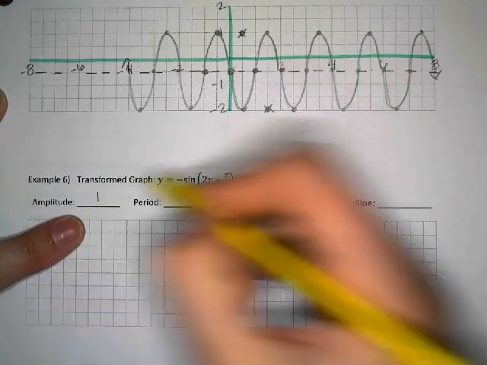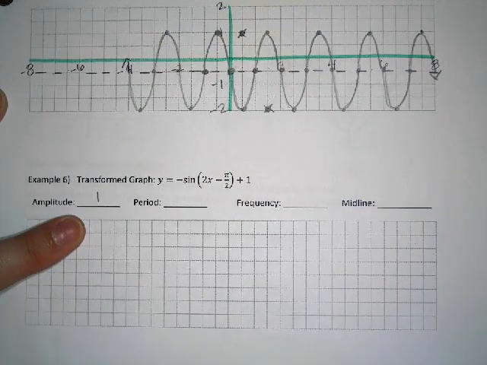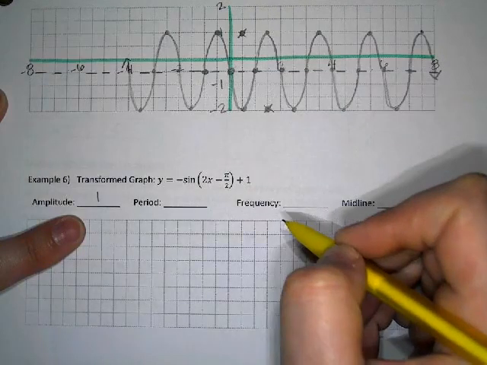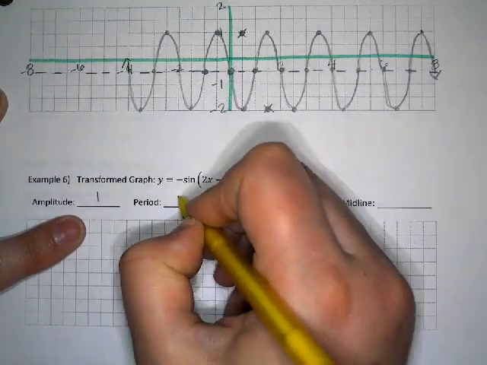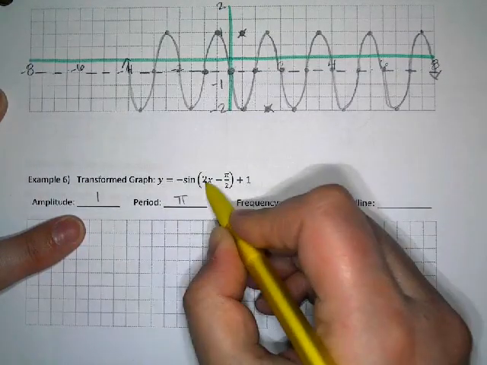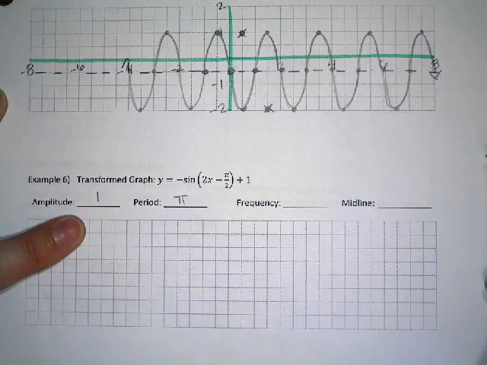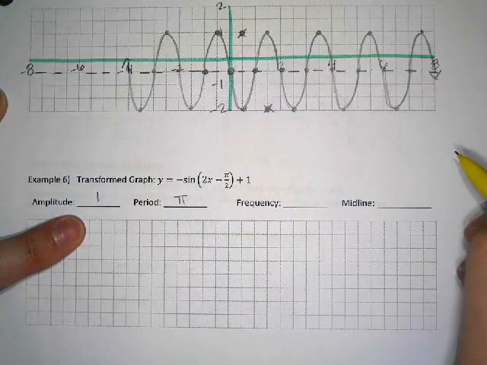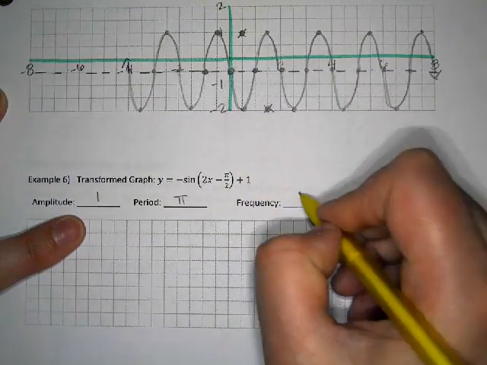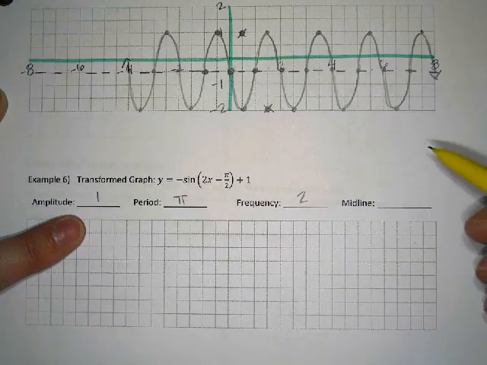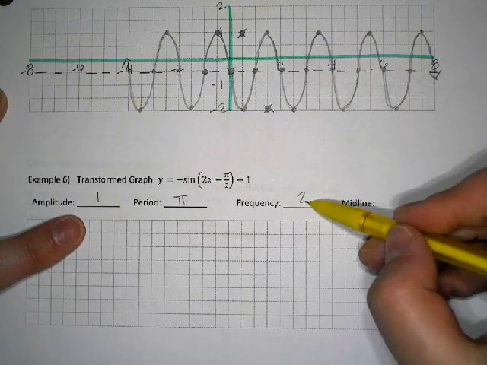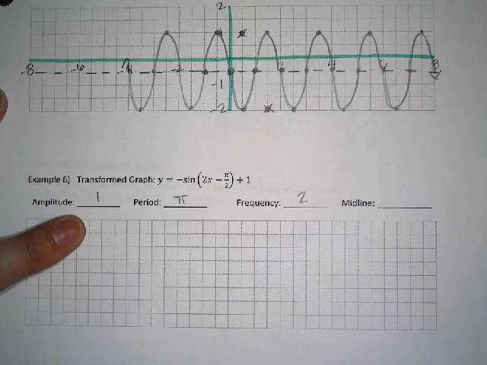The period of the graph is pi. 2 pi divided by the 2, right? 2 pi divided by the 2 in front. The frequency of the graph is 2. So from 0 to 2 pi, we're going to see 2 waves. And the midline is 1.